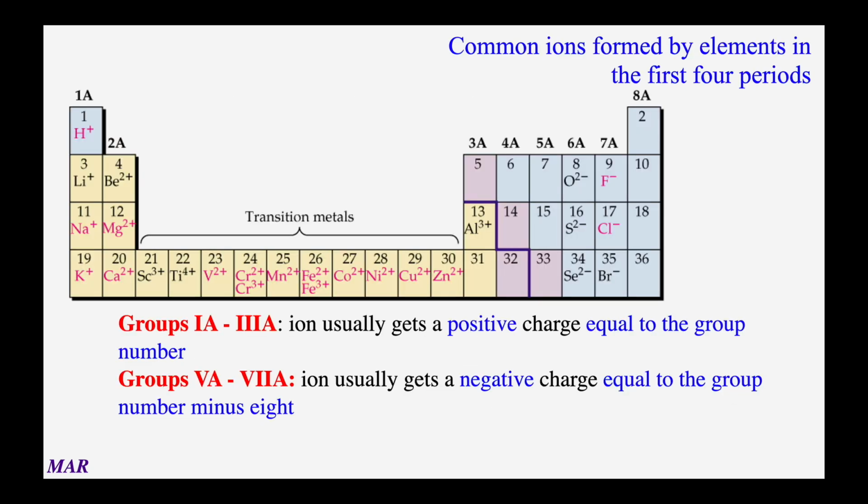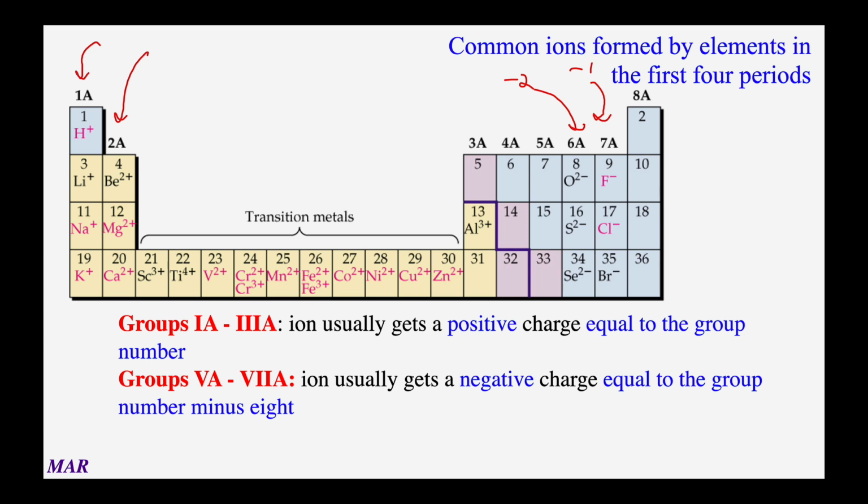This is some of the periodic table with some of the more common charges for things. It's kind of hard to see, but group 1A always likes being +1, and group 2A always likes being +2. If you go to the other side, group 7A likes to be -1, and group 6A likes to be -2.